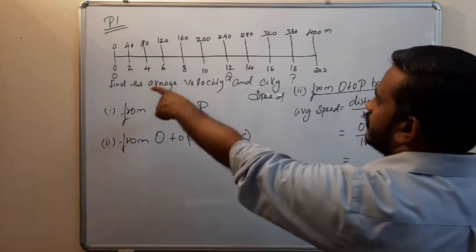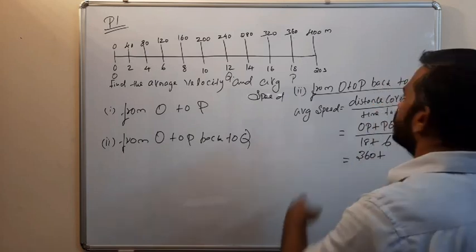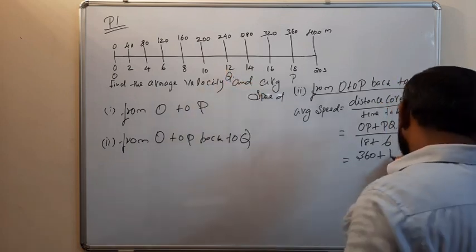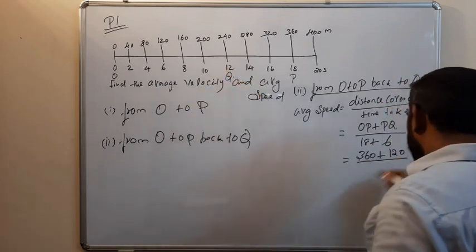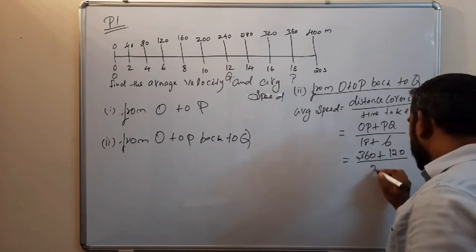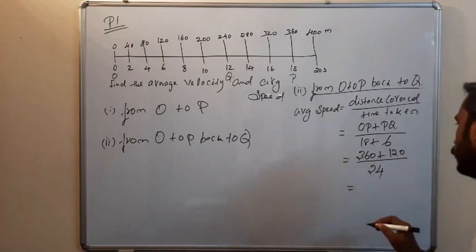So OP is 360 plus PQ 120, that is 480, divided by 18 plus 6, that is 24.